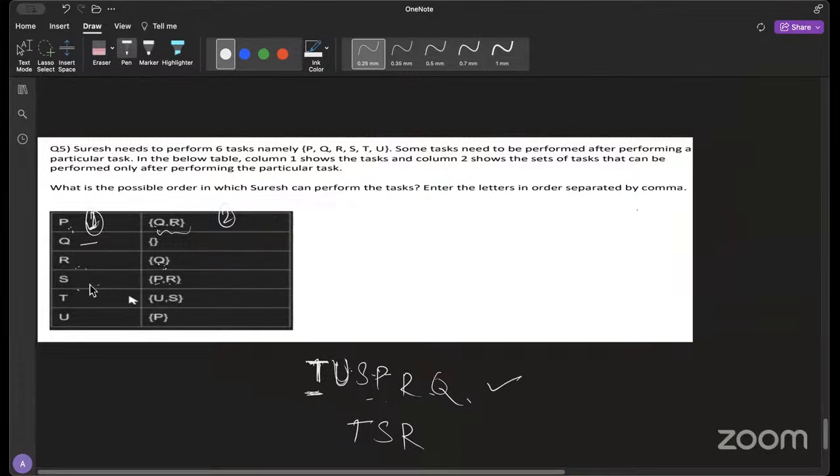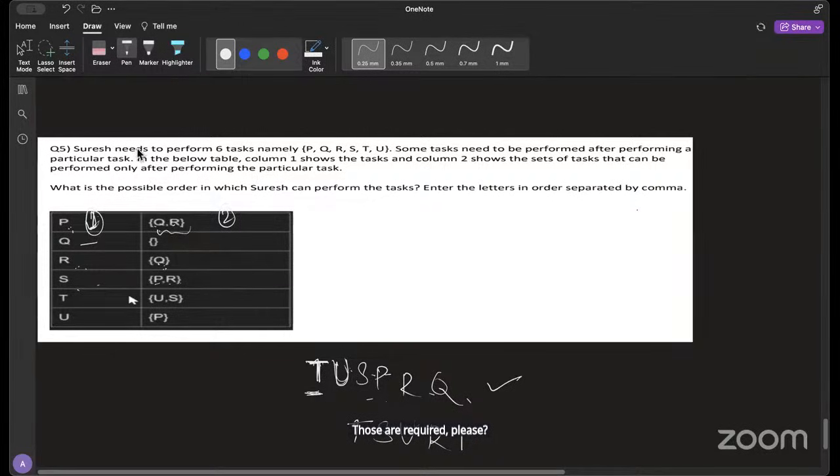R needs S only, right? No, it needs P too. And P needs S only. It needs U too. You can do it in this order too. T S U R P Q. Does R require P?